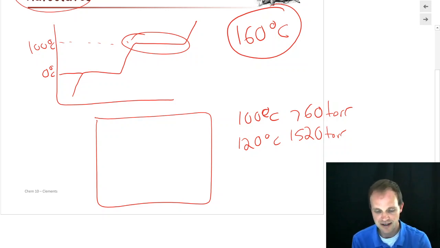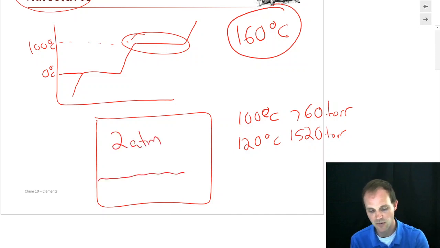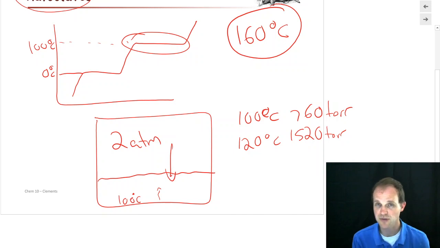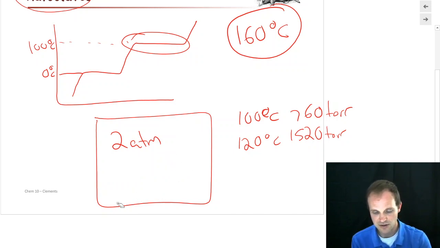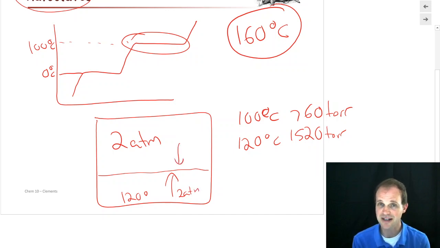So if I can make the pressure inside this 2 atmospheres, and I've got water down here, when it's 100 degrees Celsius, there's only 1 atmosphere of pressure pushing up and 2 atmospheres pushing down, and it's not going to boil. But when I get that water to 120 degrees Celsius, now there's 2 atmospheres pushing up, 1520 torr, 2 atmospheres pushing down, and as we try to heat it a little bit more, it ends up boiling.